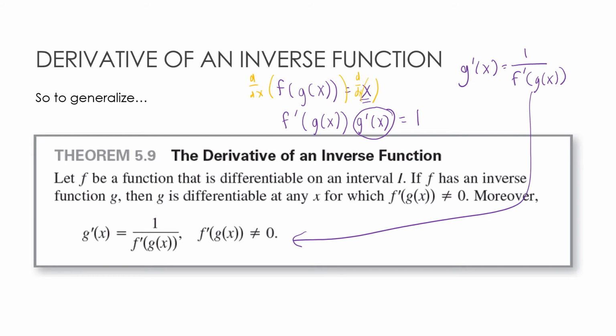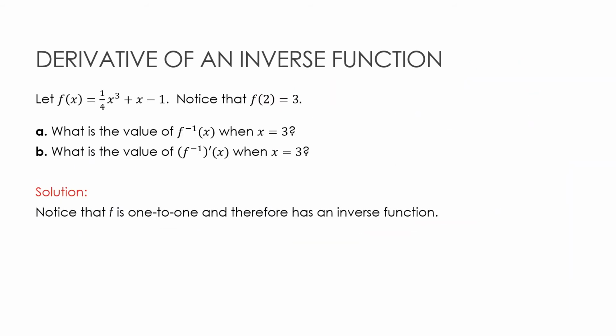Now what I want to do is take a look at an example of this. When might we use this? So now let's take a look at an application of this. Here I've given you a function f of x, and I said, hey, guess what? f of 2 happens to be 3, just nice enough to give you that number. So now what I'm asking you to do is two things. What's the value of f inverse of x when x is 3?